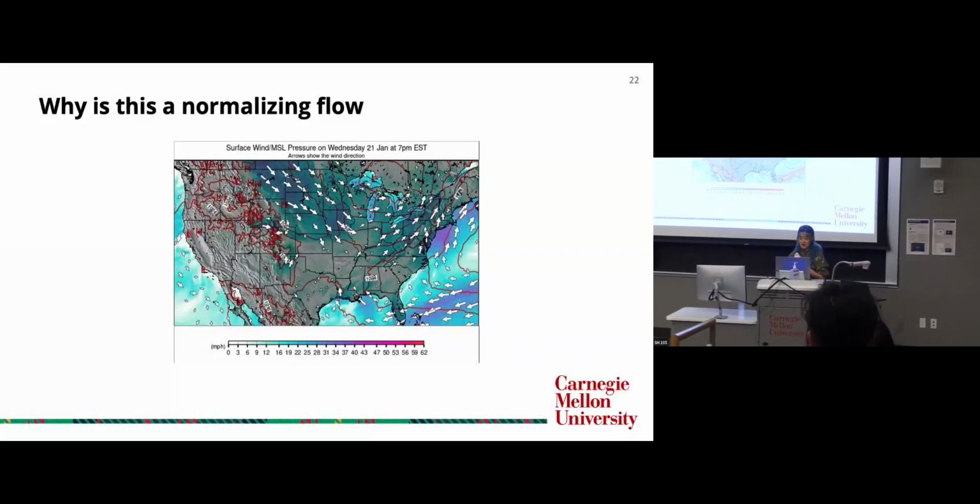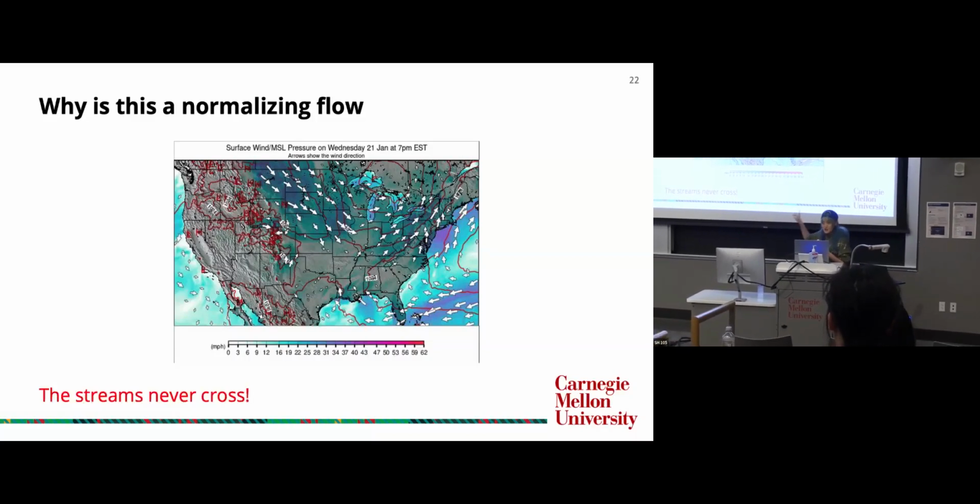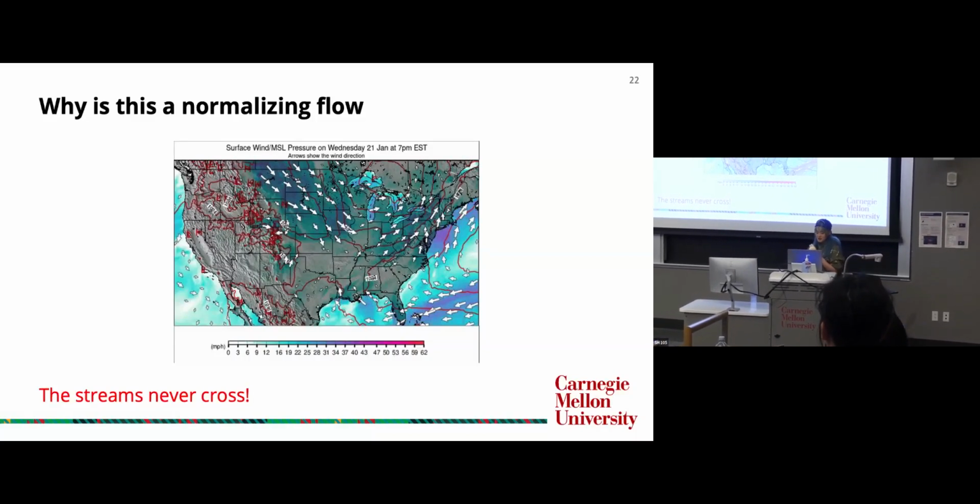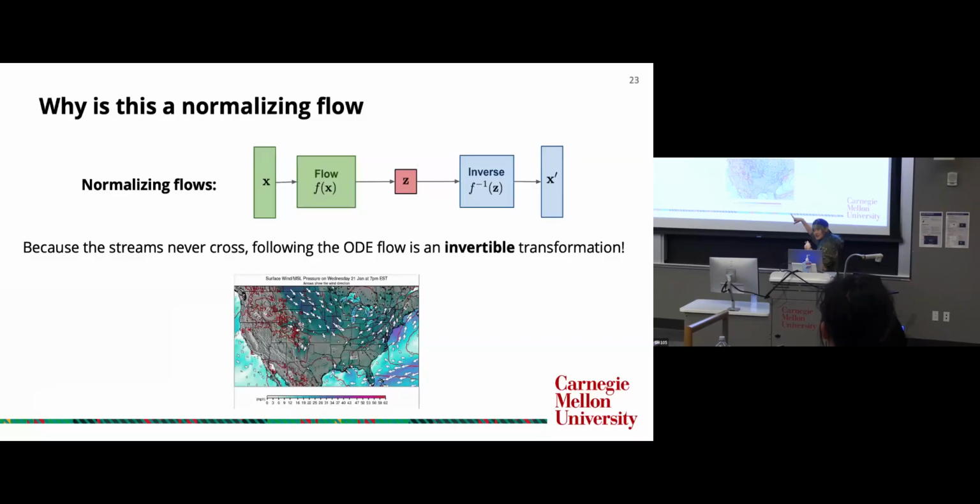Yes. So it's an invertible generative model, right? Yes. And the reason why this is a normalizing flow is because the streams never cross. Imagine you're following a stream of river or water or the stream of the wind. If you just follow the stream, it will always point in one direction.